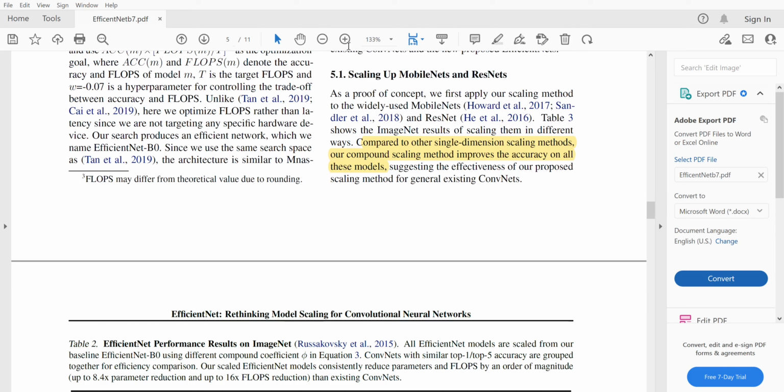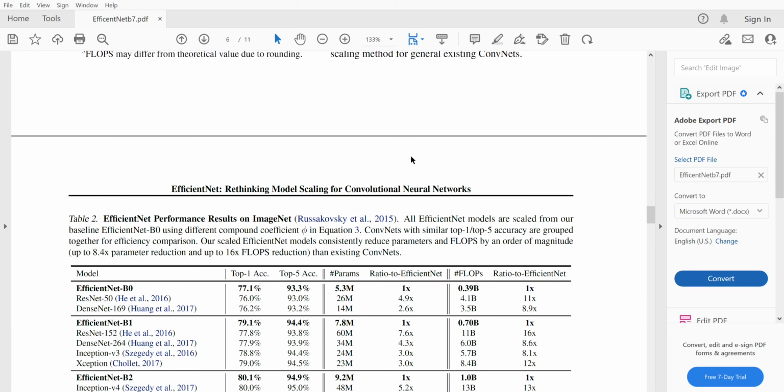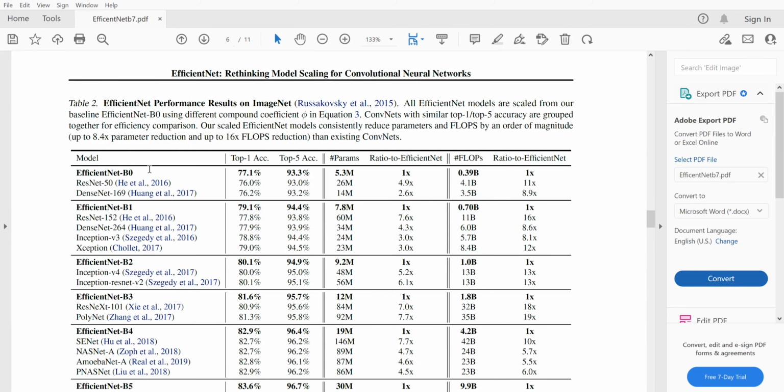Scaling up as a proof of concept, we first apply our scaling method to MobileNet and ResNet, and we show ImageNet results. Then we compare single-dimension scaling methods with our compound scaling method. So they are comparing single-dimension methods with our compound scaling method on accuracy across all these models. Over here you can see the accuracy.